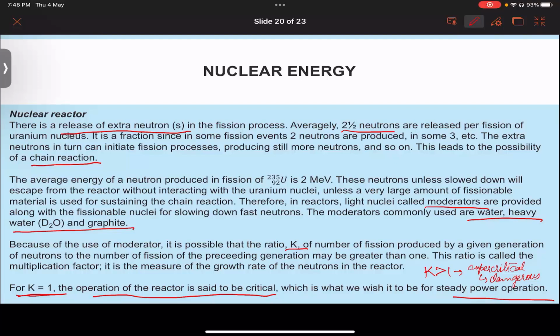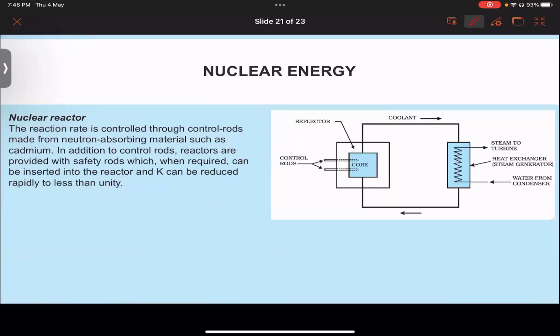The reaction rate is therefore controlled through control rods, which are made from neutron absorbing material. This absorbs the excess neutrons that are being produced. Along with the control rods, we need safety rods, which can be inserted into the reactor so that K can again be reduced to less than unity.